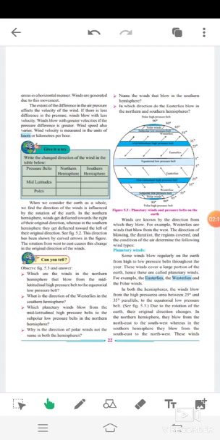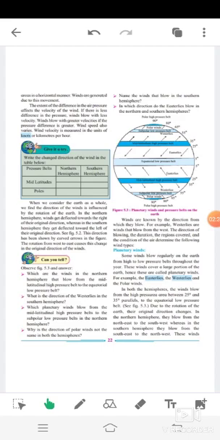Now the air pressure is not uniform across the earth's surface. Air moves from high pressure area towards low pressure area in a horizontal manner. Winds are generated due to this horizontal movement of air.